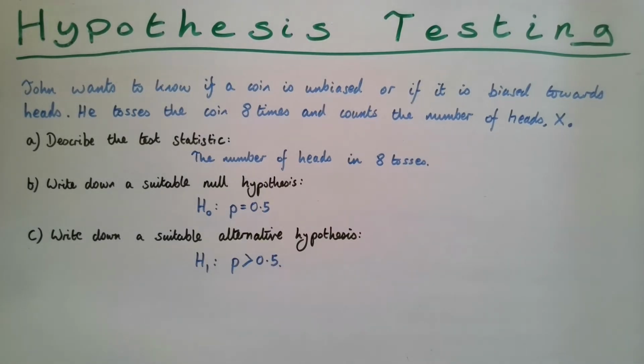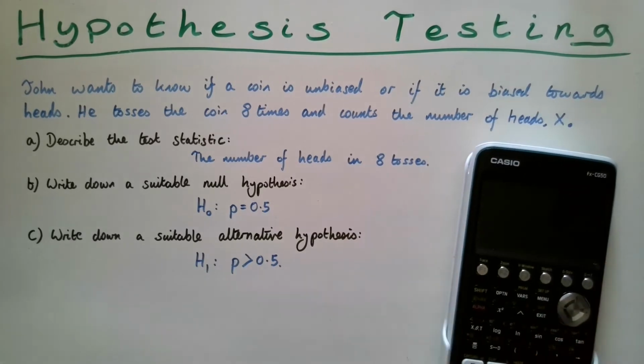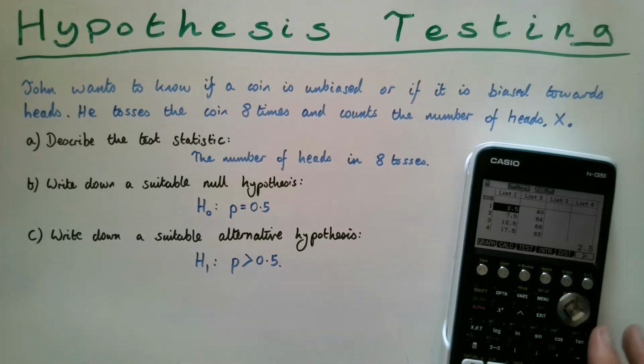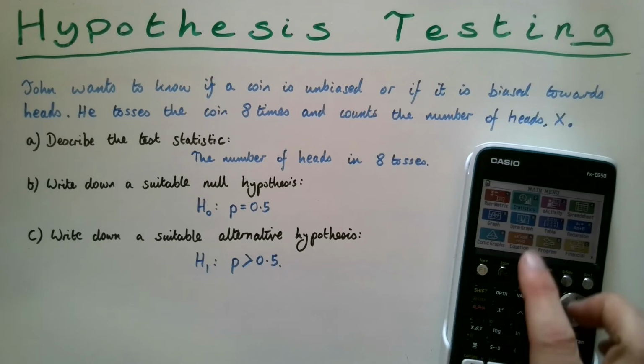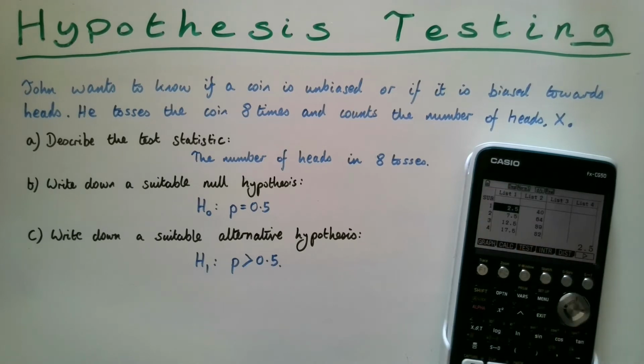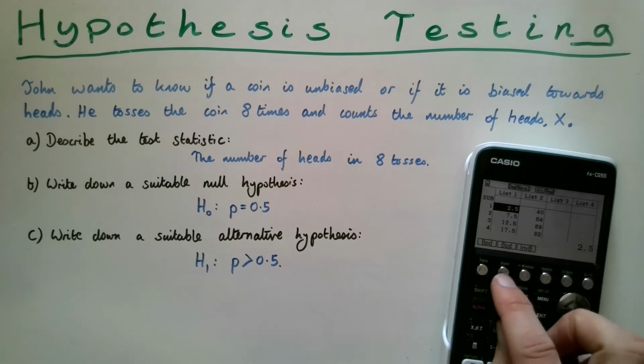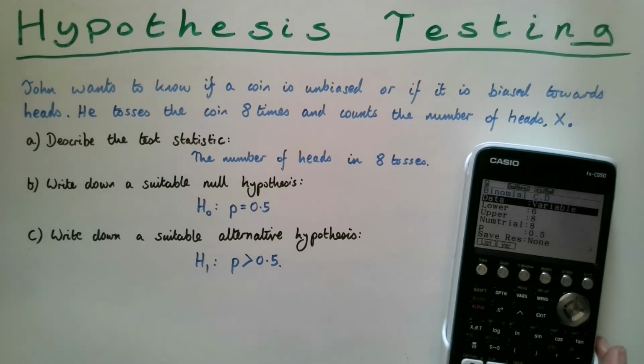Now, what does all that mean? As far as this example is concerned, I just wanted us to think about where we would take this if we were going to be asked some more questions. We won't in this case, but let's have a little look at it. Well, we would want to be turning on our calculator and going to statistics, going to distribution and binomial, and going with the cumulative distribution.